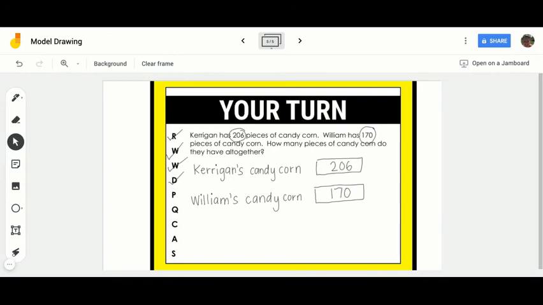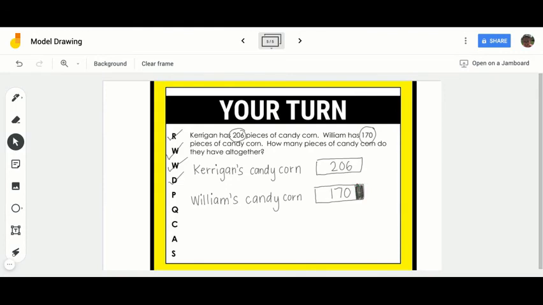Are those actually the same size? No, which one's bigger? Oh, well, 206 is bigger because it has a 2 in the hundreds compared to the 1 in the hundreds, right? So let's make William's unit bar a little bit smaller so that it fits a little bit better, so that 206 is actually bigger than 170.